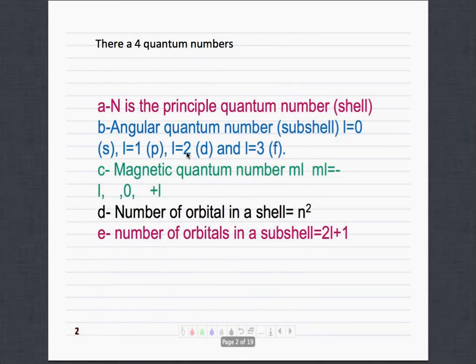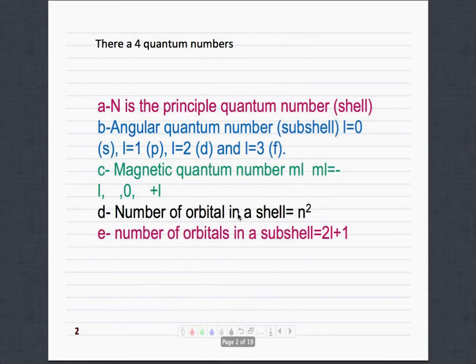The third quantum number that we talked about is the magnetic quantum number, ML, which tells us about the orientation. ML also depends on L, so ML can take any value from minus L to 0 to plus L. We also said that we can figure out the number of orbitals in a shell, and the rule that we use is n squared.